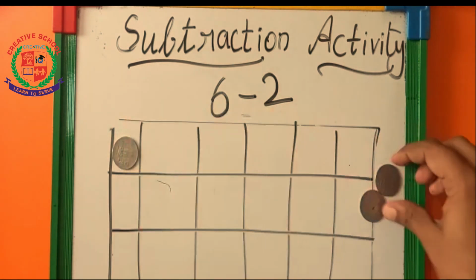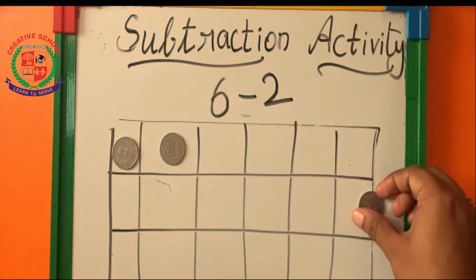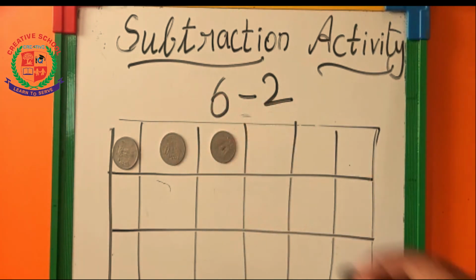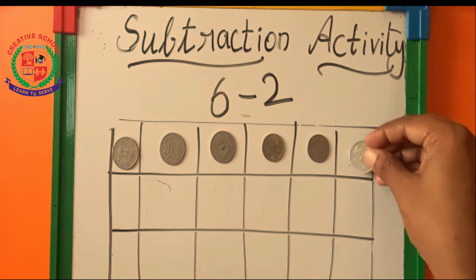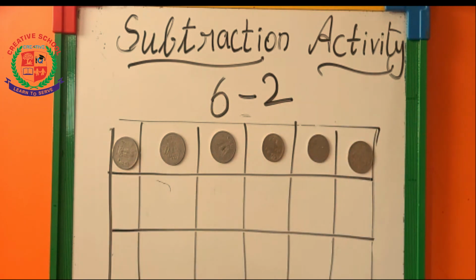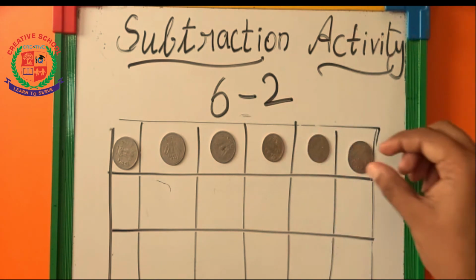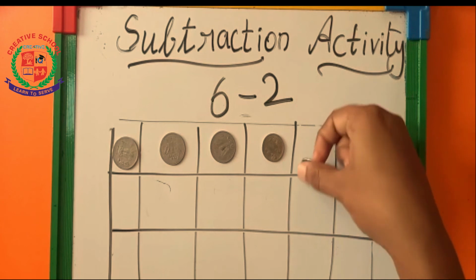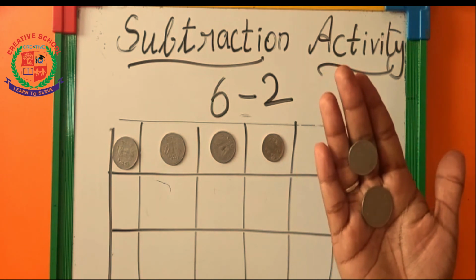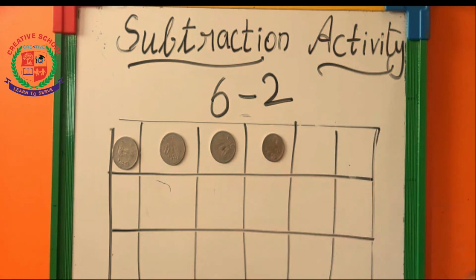So 1, 2, 3, 4, 5, 6. So 6 coins in the box. So you have to take 2 coins from that. 1, 2. So you take away 2 coins from 6 coins.